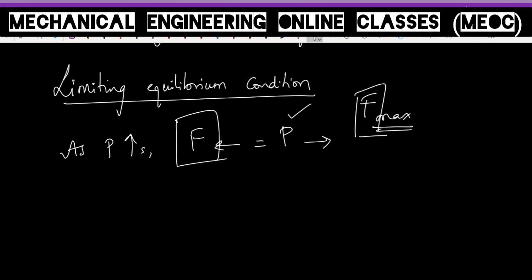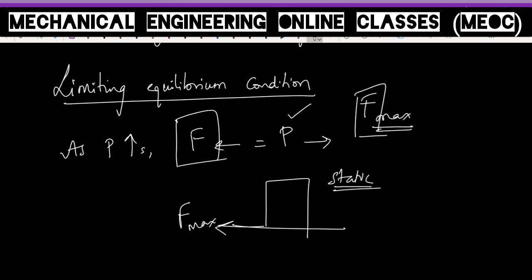As motion takes place, the value of this friction will come down from the maximum value. The maximum value a surface can give in order to stop any relative motion, meaning the static condition is retained, is the maximum friction in the static condition, called static friction.